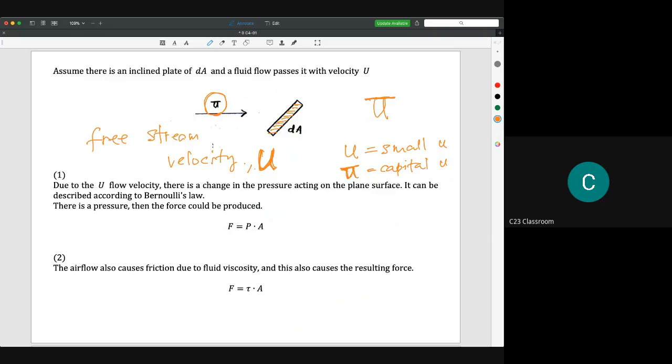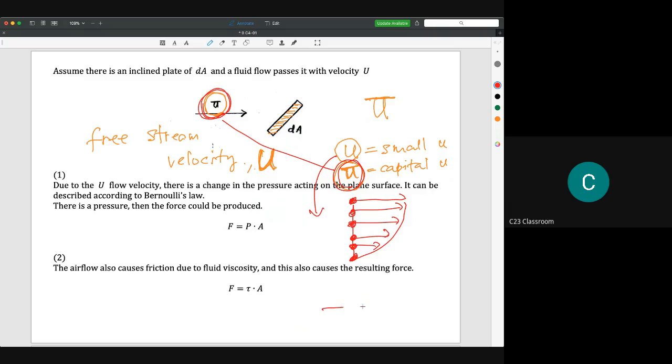The difference between small u and capital U is that the small u is the velocity inside the velocity distribution. We have the velocity distribution here, so u is the velocity for each molecule inside the velocity distribution. However, the capital U here refers to the free stream velocity, meaning the velocity that comes to the plate before it changes into the velocity distribution.